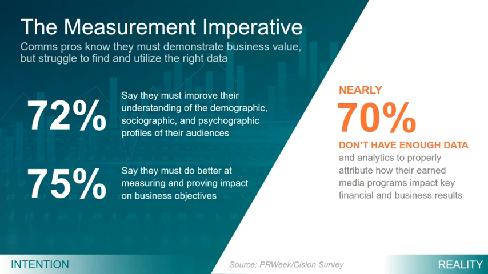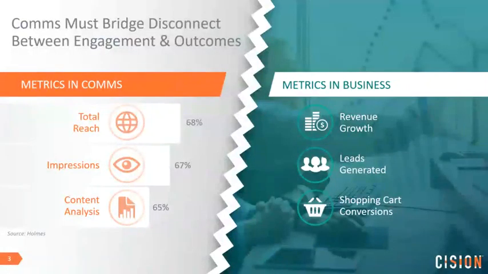So Cision, in partnership with PR Week, polled more than 400 comms professionals globally, and nearly 3/4 of them said that they didn't have the ability to tie their programs back to key business outcomes. Now, communicators rely on important metrics to show how they drive brand awareness and exposure for their company.